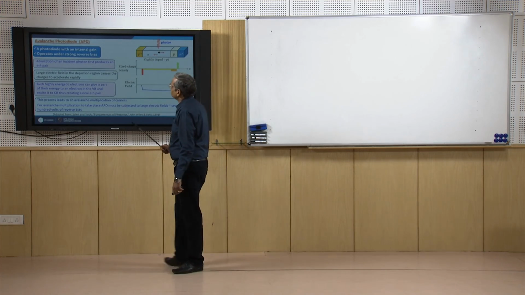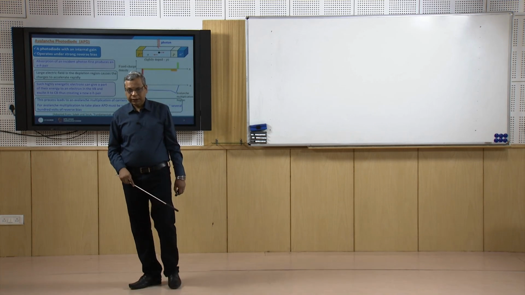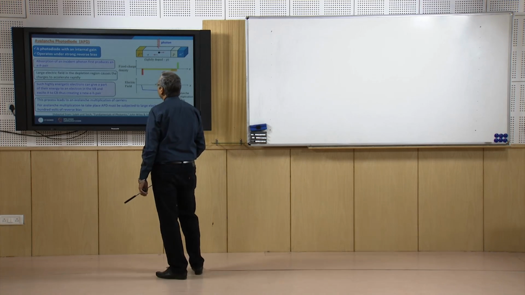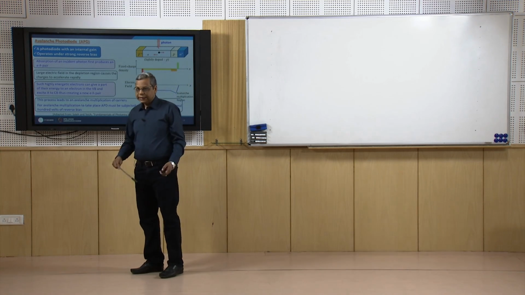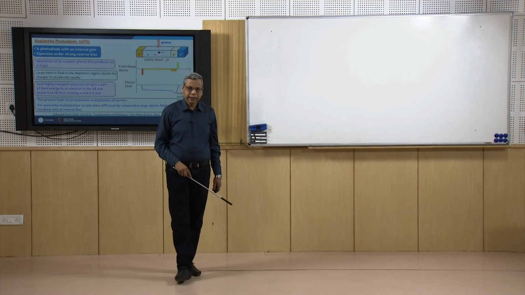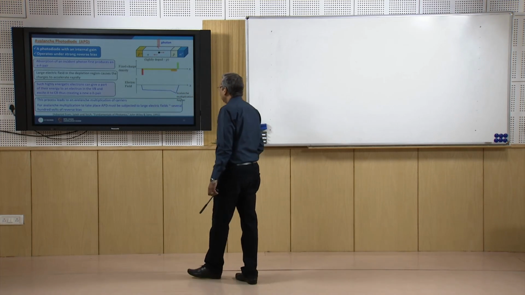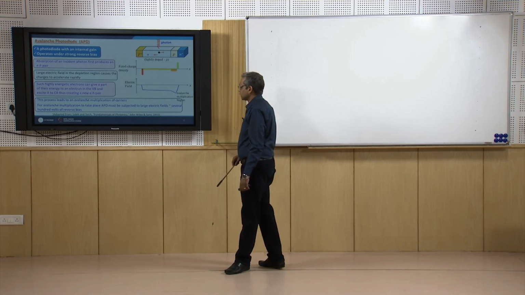There is another device which is known as the avalanche photodetector or avalanche photodiode, APD. This device is a very sensitive device because it has an internal gain mechanism, and it operates under very strong reverse bias.